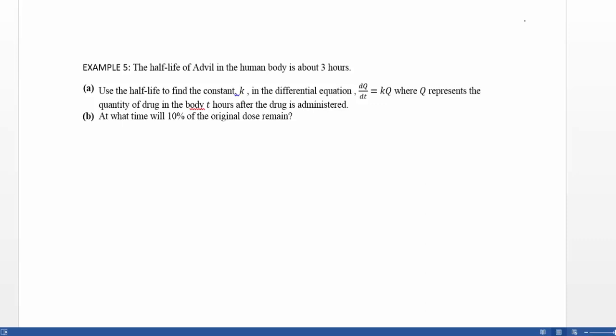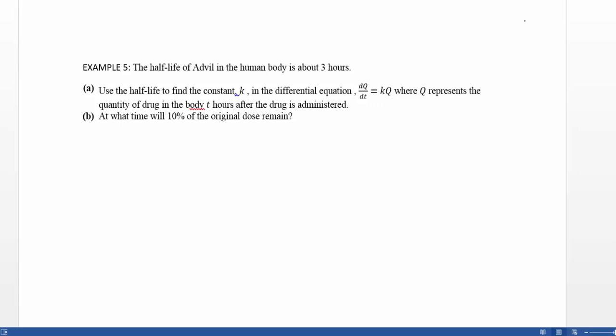Example 5. The half-life of Advil in the human body is about 3 hours. What that means is that after 3 hours, only half of the original dose remains. Use the half-life to find constant K in the differential equation dQ/dt equals KQ, where Q represents the quantity of drug in the body t hours after it's administered.